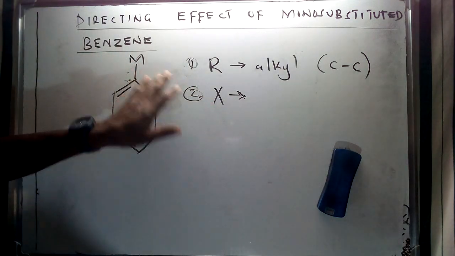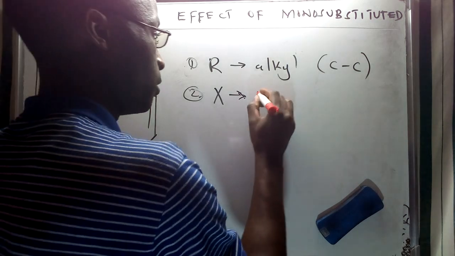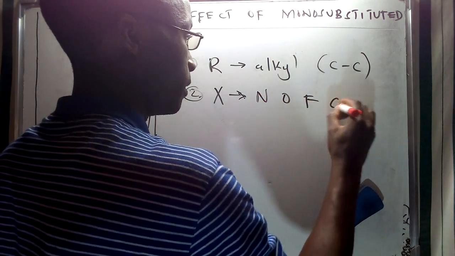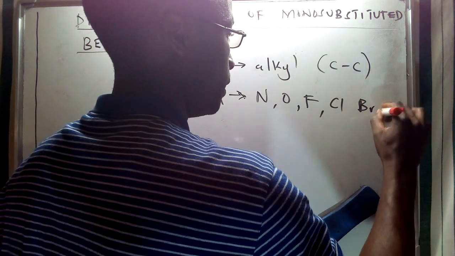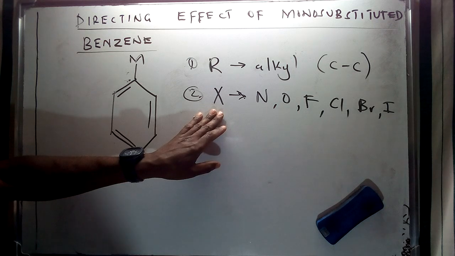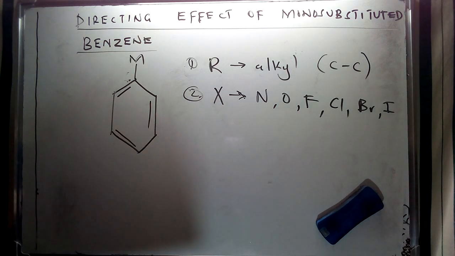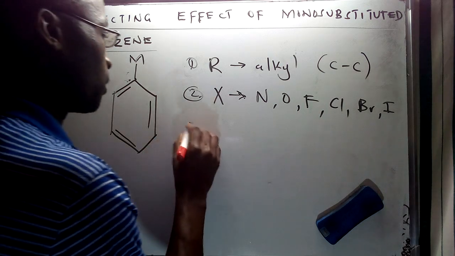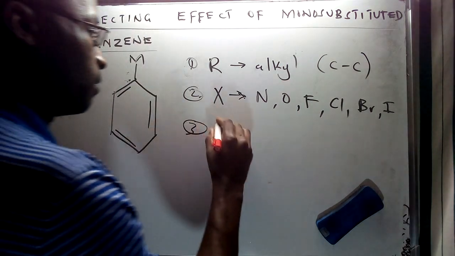So X consists of substituents which are going to include substituents with 1 or more lone pairs of electrons, for instance, nitrogen, oxygen, fluorine, chlorine, bromine, and iodine. This is going to form a range of substituents that are going to fall under the category of X, which of course I've said are atoms with 1 or more lone pairs of electrons. And the last one that I'm going to consider in this specific case are substituents which I'm going to give an initial Z.